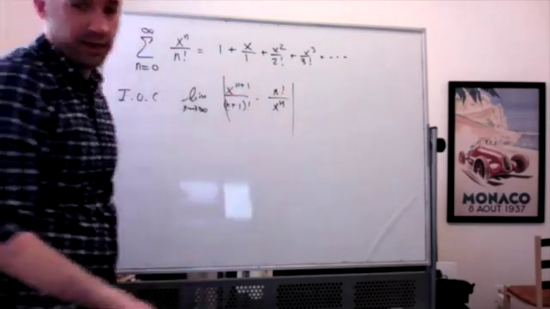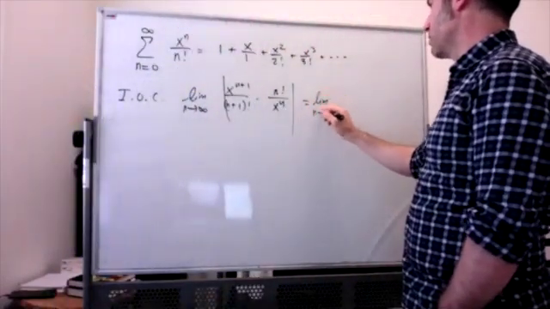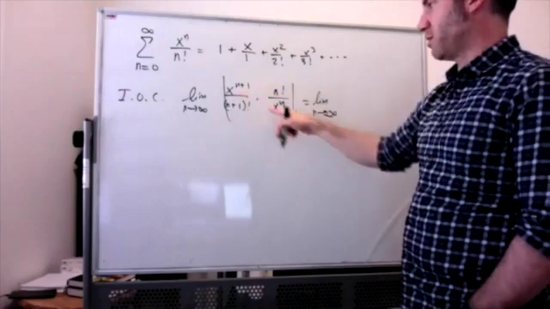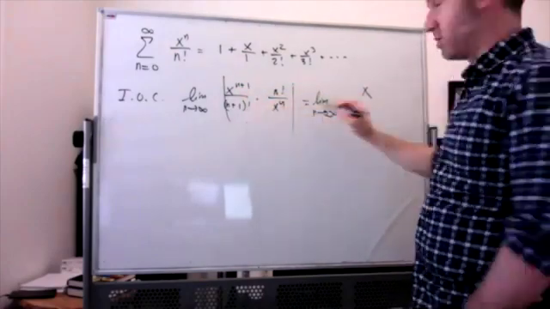And here you guys, I think, can see that, right? I'm going to get the limit as n goes to infinity. x to the n plus 1 over x to the n is just x. n factorial over n plus 1 factorial gives you an n plus 1 in the denominator.